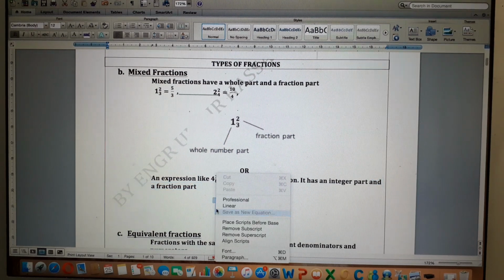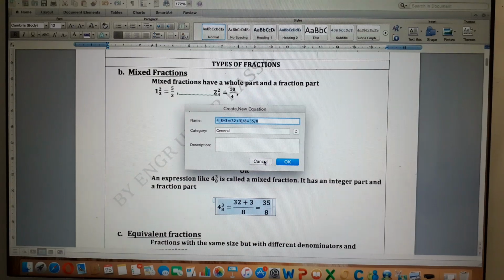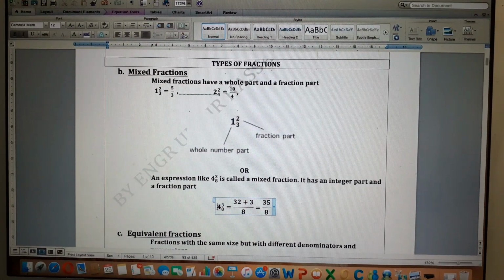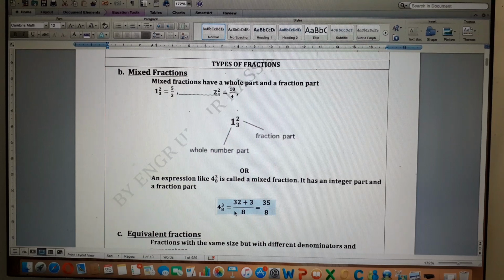We can convert this into an improper fraction. 8 times 4 is 32, plus 3 equals 35 over 8. Again, this is an improper fraction. The numerator is a larger number as compared to the denominator, which is a smaller number. So this type of fraction is an improper fraction, and this type of fraction is a mixed fraction.